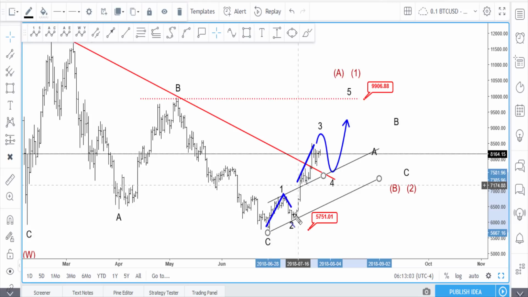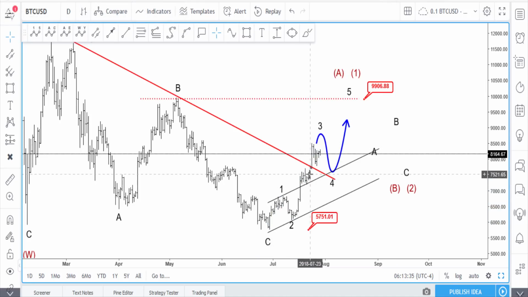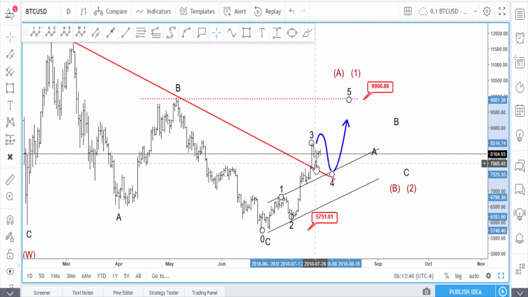So ideally we are now making a new 5-wave rise, and what is really interesting about this channel when it gets broken is that when a reversal occurs for a wave 4, you may see a reversal back into this trend line and then a new bounce higher for a wave 5.